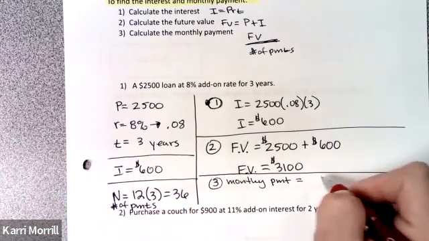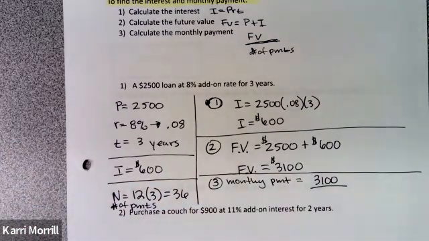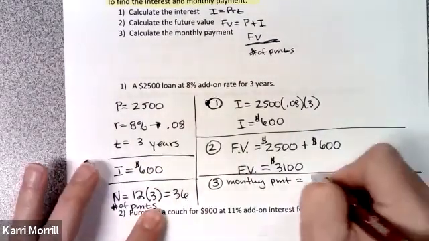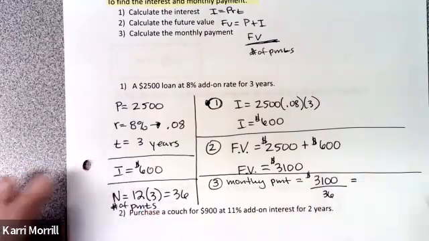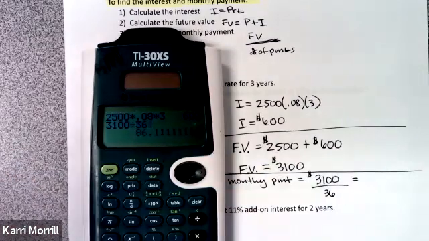So you're going to put your future value, meaning what you paid total by the end of the loan, which is the loan amount plus your interest, and divide it by 36 payments. That's going to tell us how much the monthly payment would be. So 3,100 divided by 36.